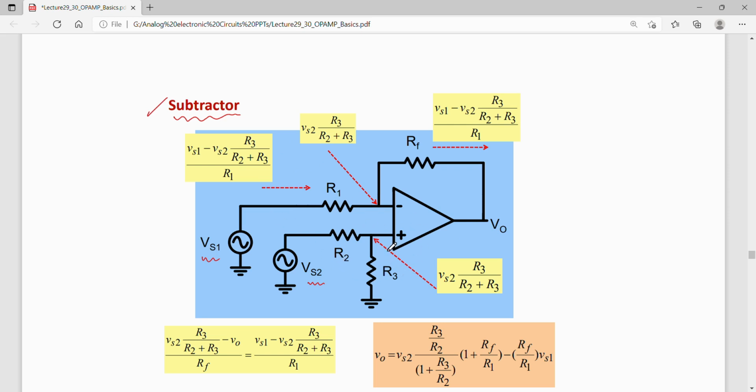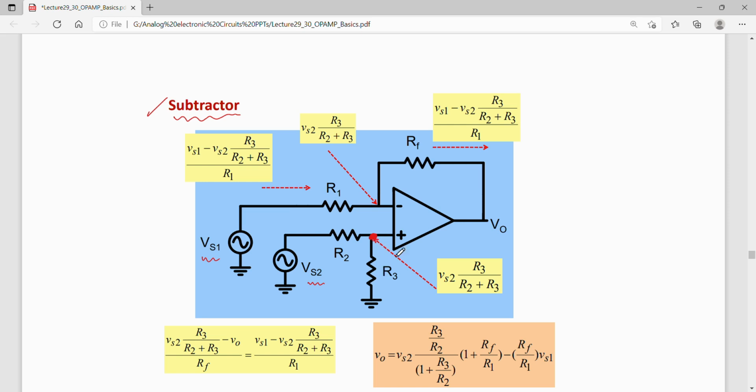Okay. So for finding out the output, let us first of all find out the potential at this point. Okay. So the potential at this point due to this Vs2 using the voltage divider would be Vs2 multiplied by R3 divided by R2 plus R3.